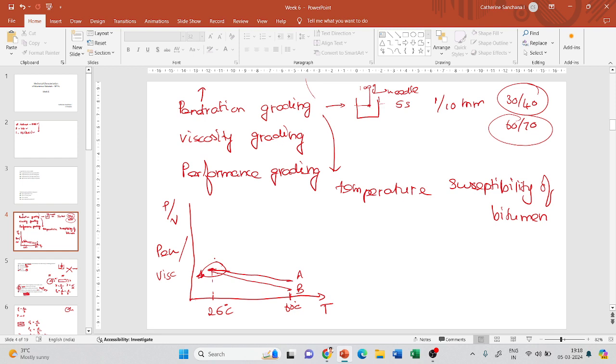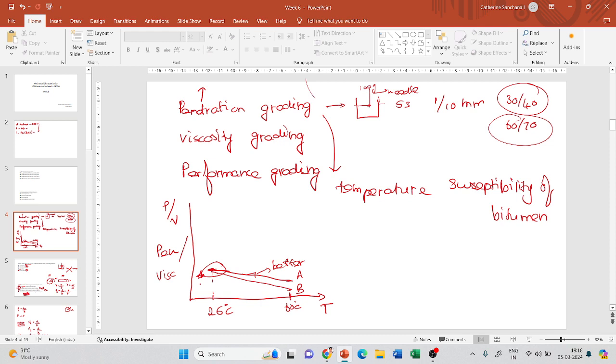temperature susceptibility of bitumen. As Sir said, a bitumen with a lesser gradient is better, right? So how will I track this gradient? Instead of measuring these consistency measures at each and every temperature, since it is just grading, you cannot be meticulously doing it at every temperature.